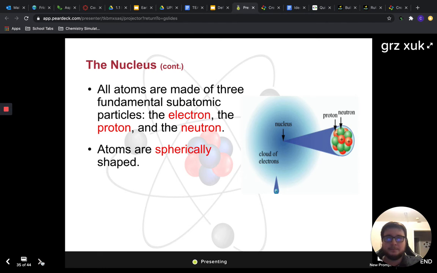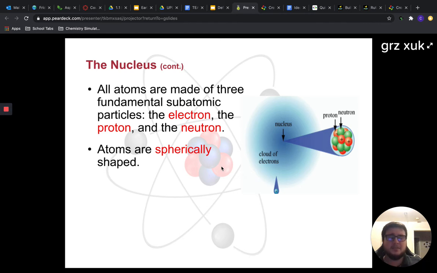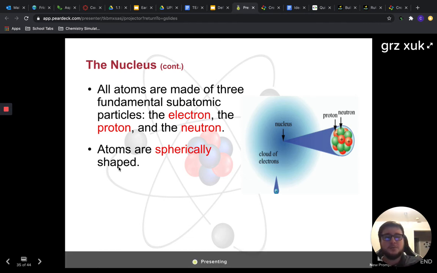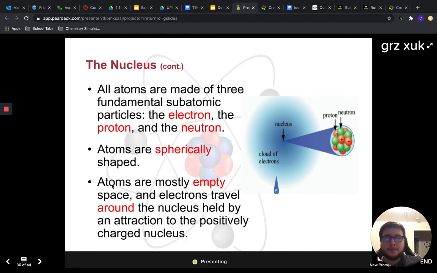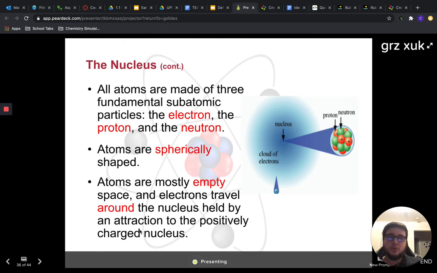Those are the 3. We also know that atoms are spherically shaped. So Dalton was right about that piece, at least. And so was JJ Thomson. Atoms are spherically shaped. It's just that most of their makeup is empty space and a nucleus, which Thomson and Dalton did not know. Okay? And again, atoms are mostly empty space, and electrons travel around the nucleus.